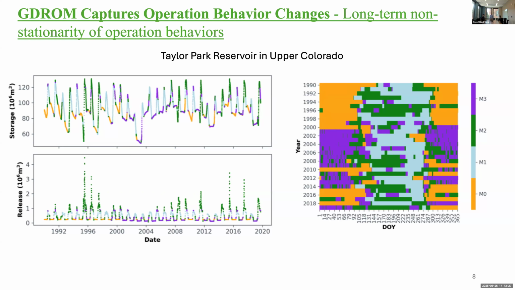This is also constant flow, but with a relatively lower release value. And within the year, in the high flow time, people alternately use modules 2 and 3 to deal with the seasonality.